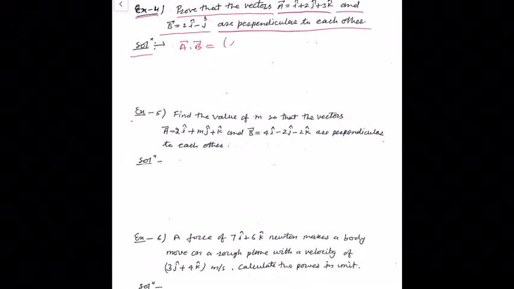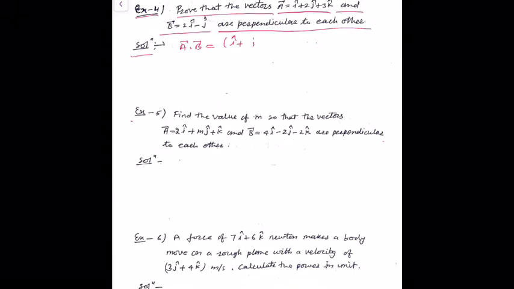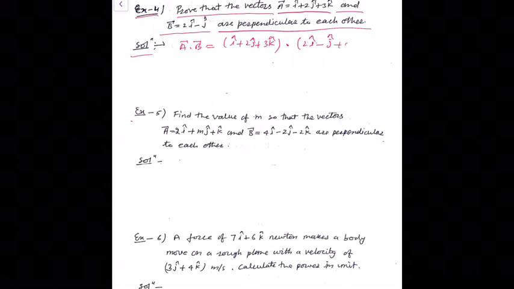Put the value of a vector and b vector: i cap plus 2j cap plus 3k cap dot 2i cap minus j cap. Here k cap is 0, so plus 0 k cap.